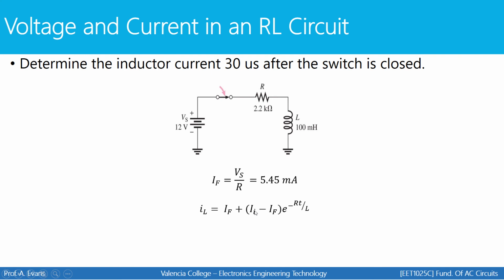We know the initial value of current is 0. And we can figure out R by looking at the diagram, L, looking at the diagram, and t was 30 microseconds. That's given. So we're going to plug and chug and get 2.63 milliamps. So after 30 microseconds, you'll have 2.63 milliamps of current flowing in your circuit.